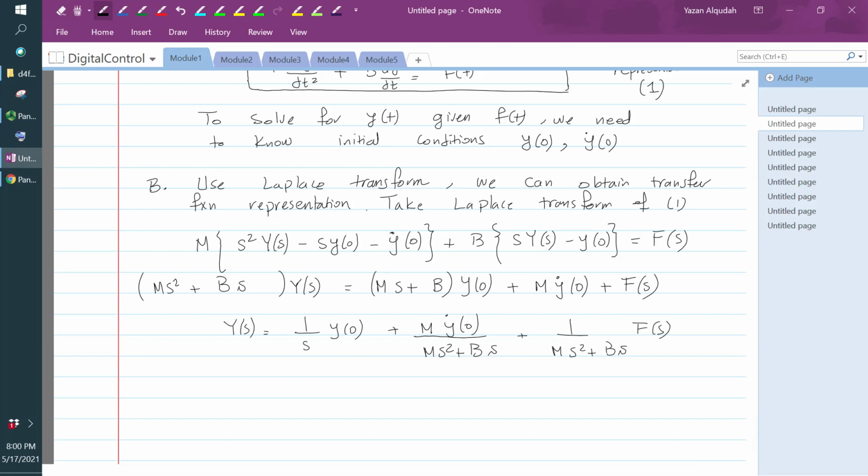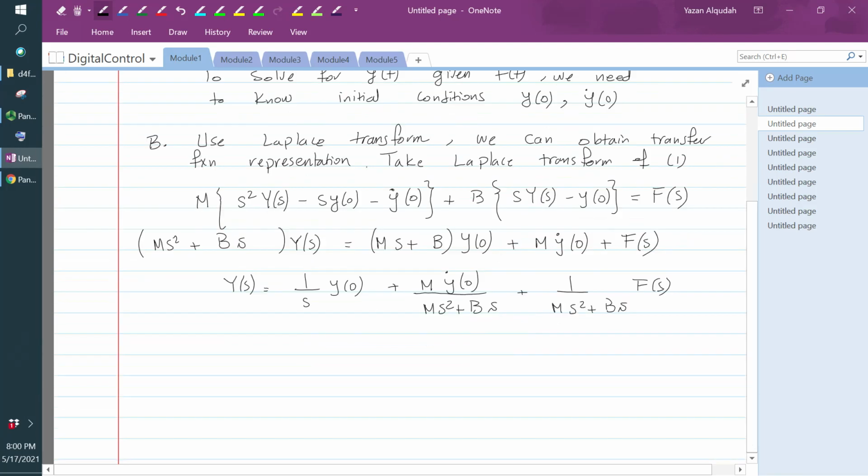Okay, notice here I have ms plus b, and here I have ms squared plus b multiplied by s. So I can take the s as a common factor, and then ms plus b will cancel with ms plus b. So hopefully this is straightforward.